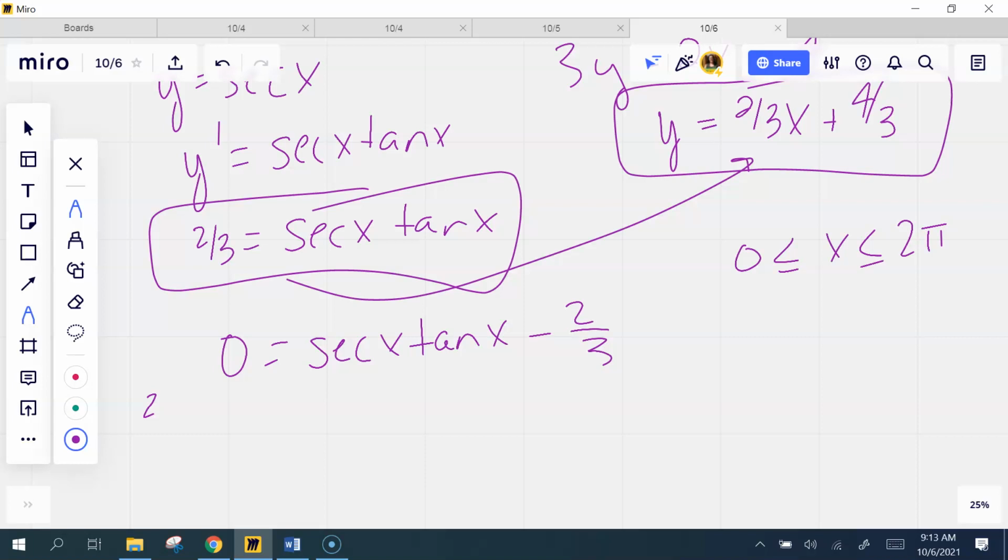If you did that, you would see that it crossed at 2 places, and it was about 0.524.